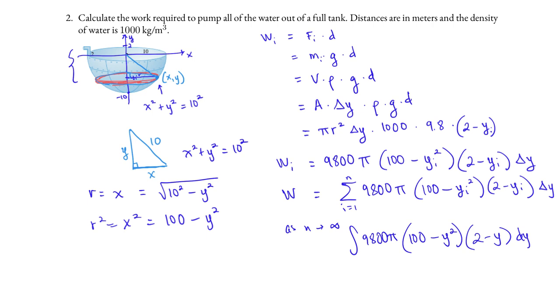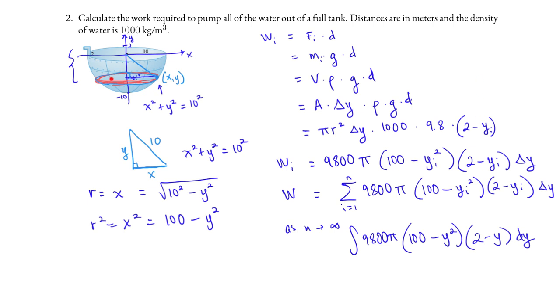Delta y becomes dy. We need to add up all of the slices, even though for the distance we would need to bump the slices all the way to y equals 2, but that is why the distance was 2 minus y.